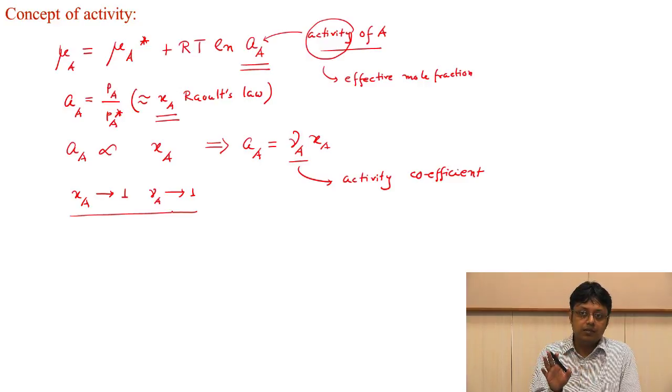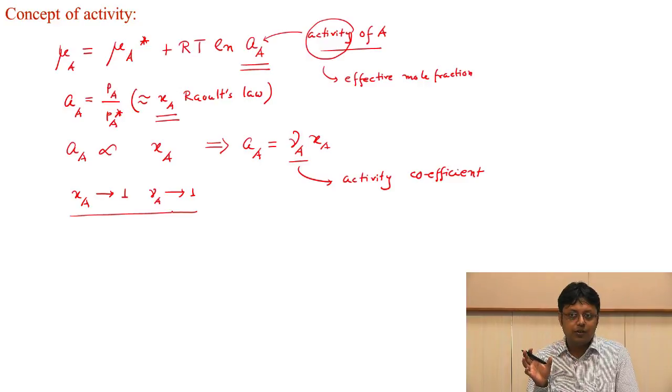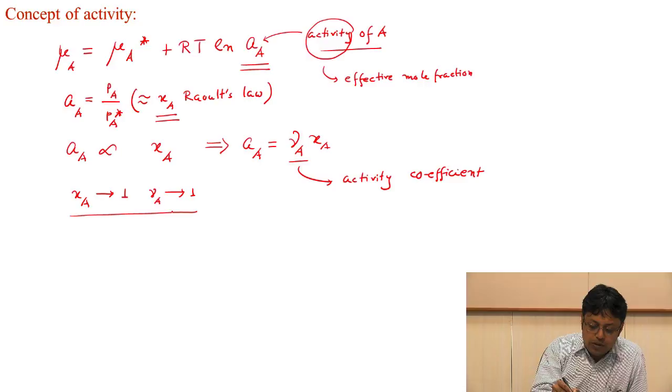That we are not going to discuss. We are going to say that it will still be proportional to mole fraction, but all this departure will now be contained within the gamma.